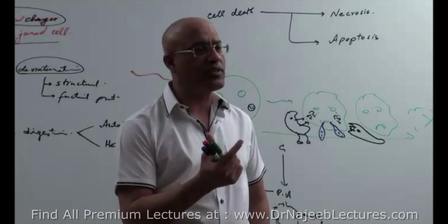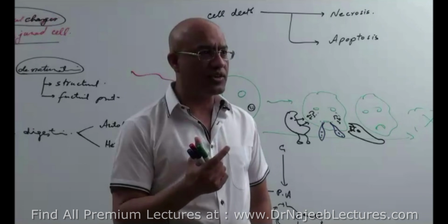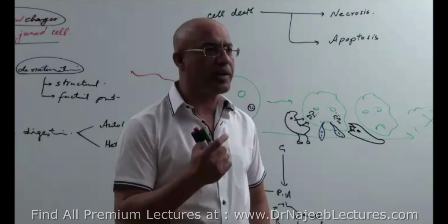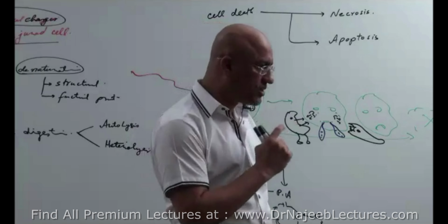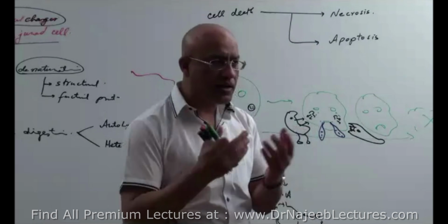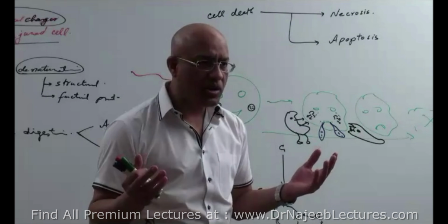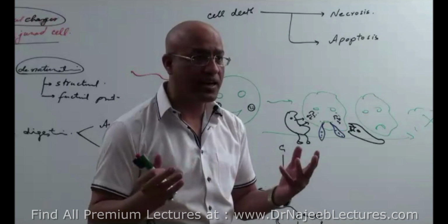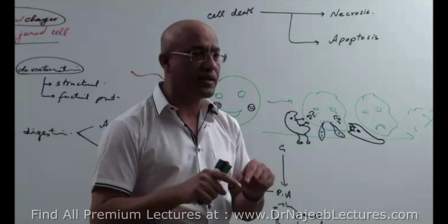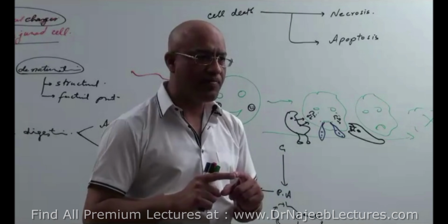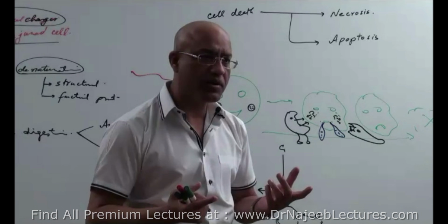So when a group of cells is undergoing lethal injury, their cell membranes are not maintained well, and from these disrupted cell membranes, a lot of enzymes are coming out and intracellular components are leaking out, and they injure the surrounding cells and elicit the inflammatory response.